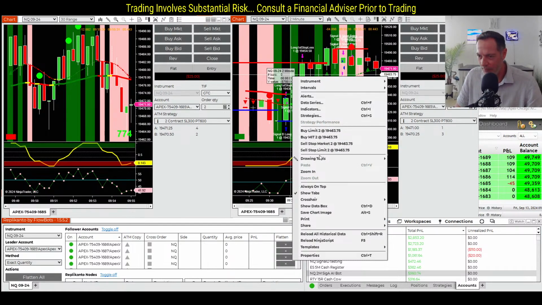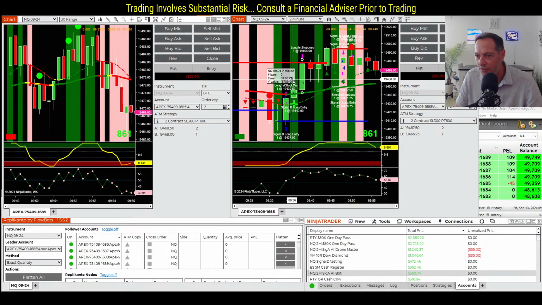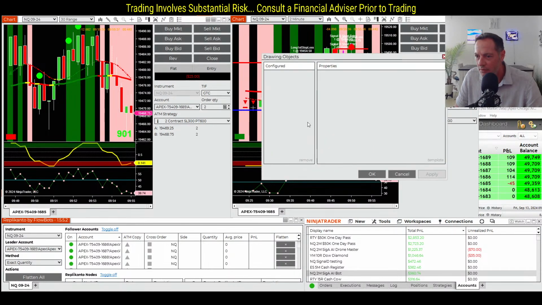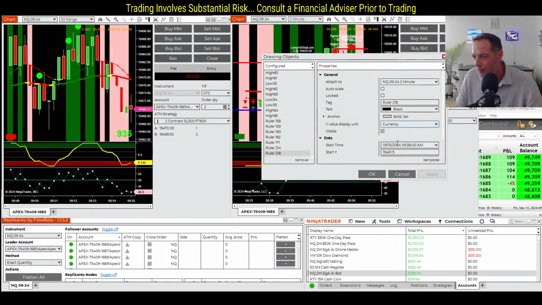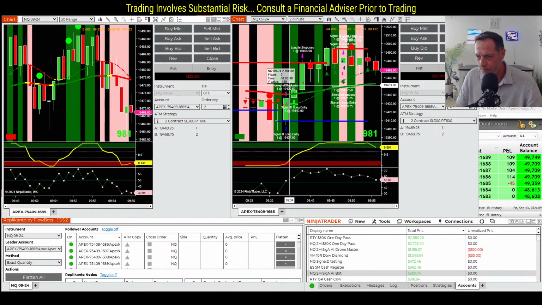So let me change this to show ticks. Inside this little measurement tool, you can measure how long the candles are, how many ticks price moved within that 2-minute period.